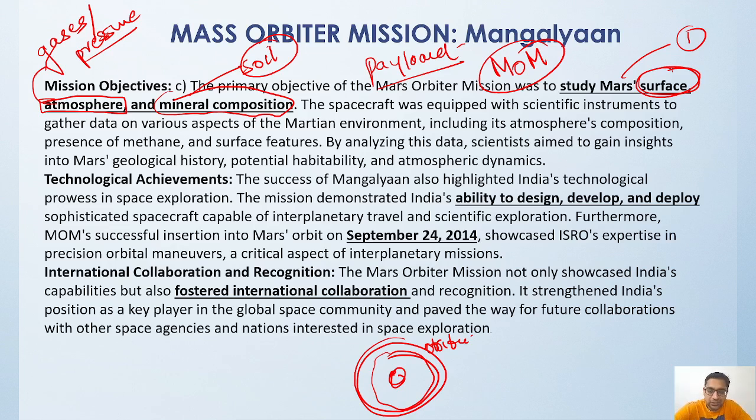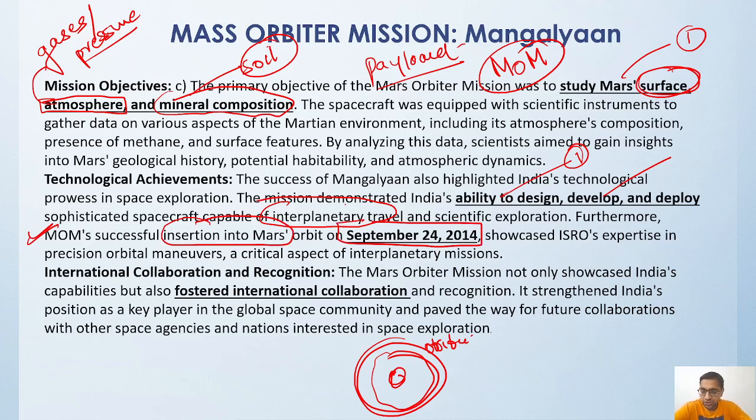With the success of this mission, we have shown the world that we have the ability to design, develop and deploy even an interplanetary mission for scientific exploration. The Mars Orbiter Mission achieved successful insertion into the Mars orbit on September 24, 2014.